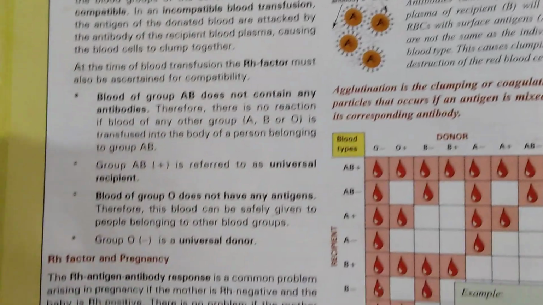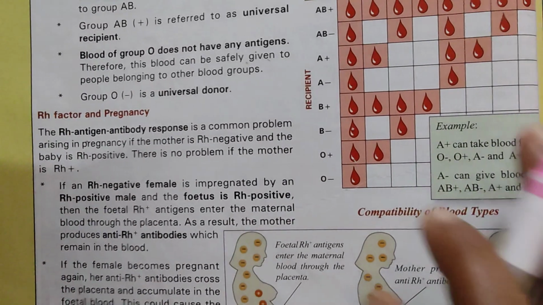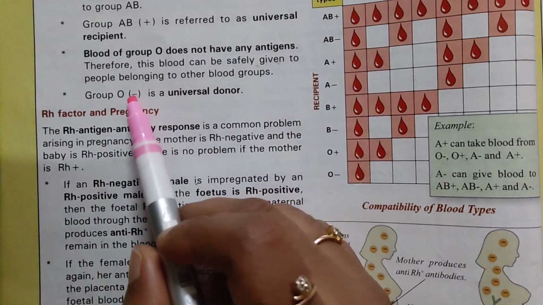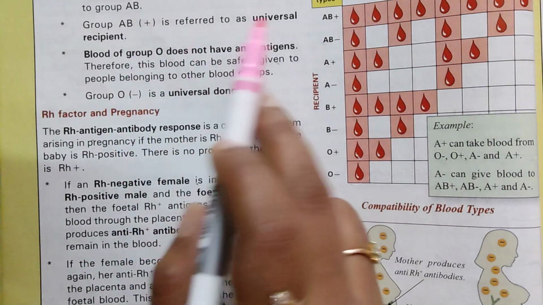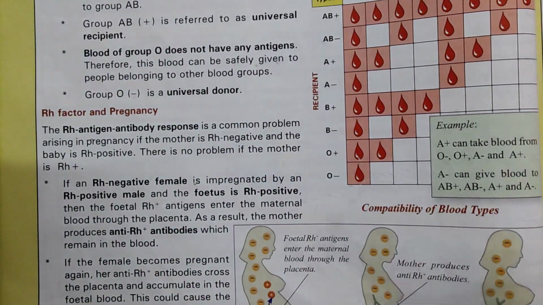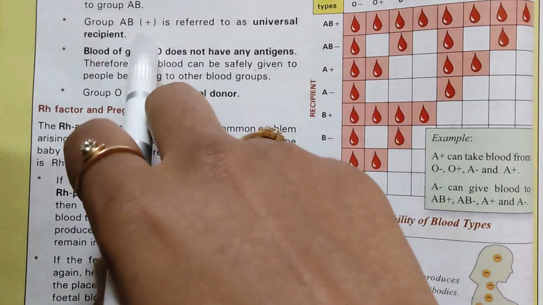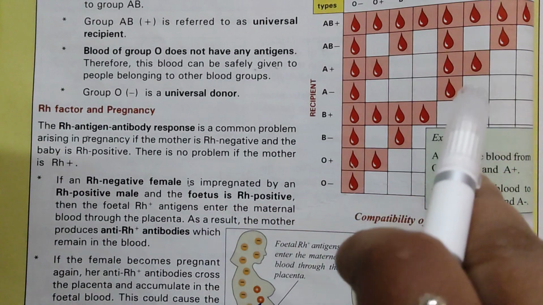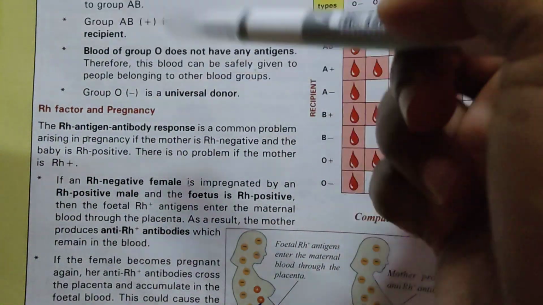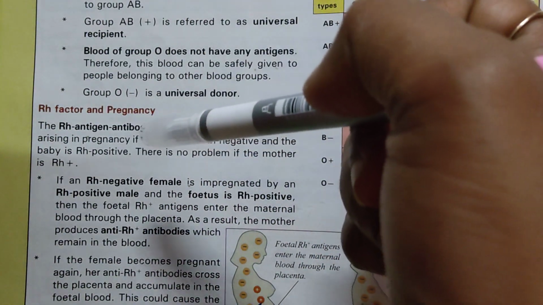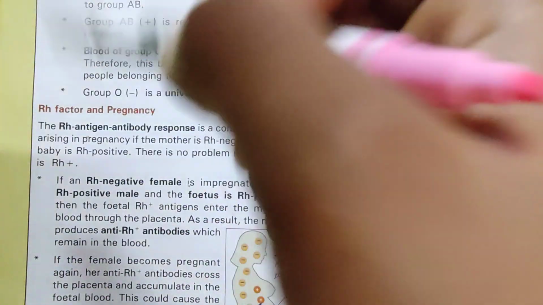Next, we are moving on to the RH factor. Blood group O negative is universal donor, but blood group AB positive is universal recipient. Keep this in mind. If we talk about AB negative, then it won't be universal recipient, because it can only receive blood from the negatives, not from the positives.